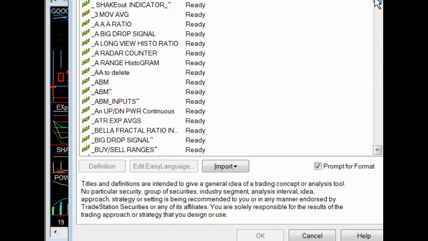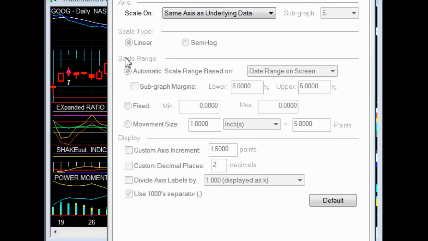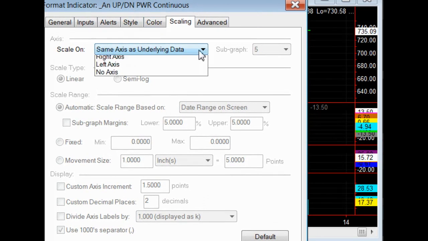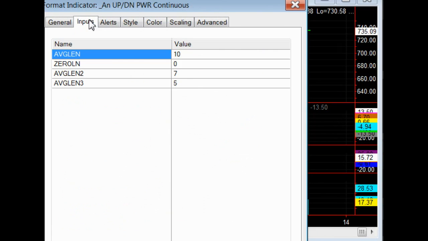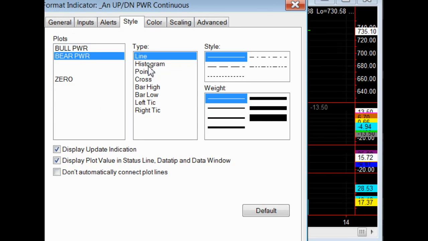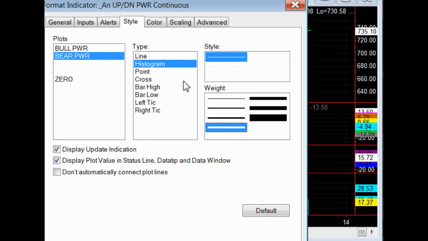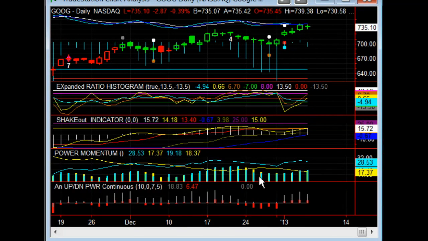We have to go to My Indicators, which are all the way up here. Up, down, power, continuous. No axis. We're going to put it all the way at the bottom. Our inputs are defaulted at 10.75. But for the style, we need to have it as a histogram. Then I just click my OK down at the bottom. And there's my up, down, power.